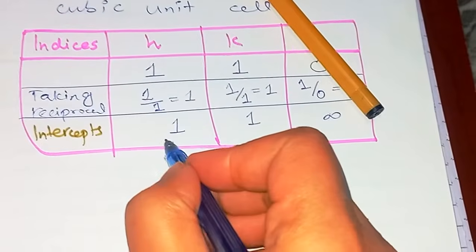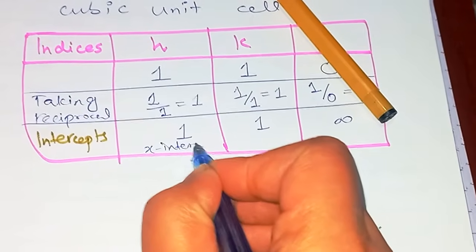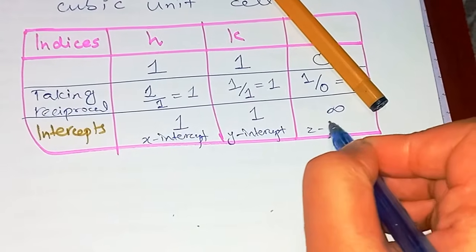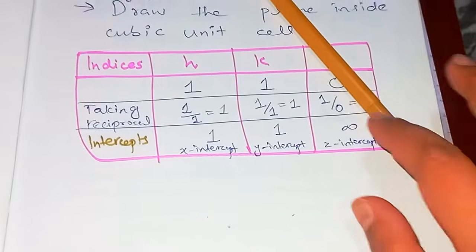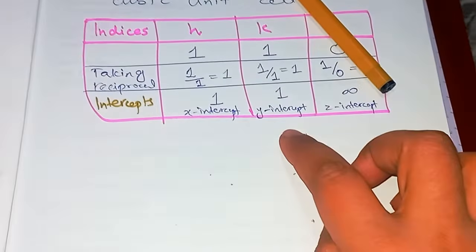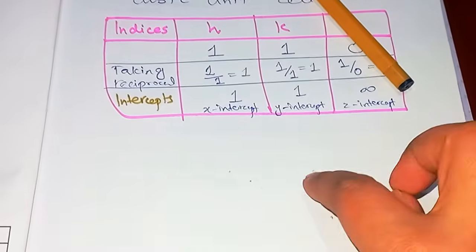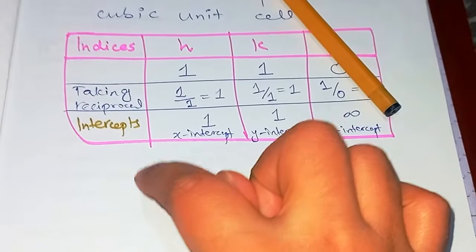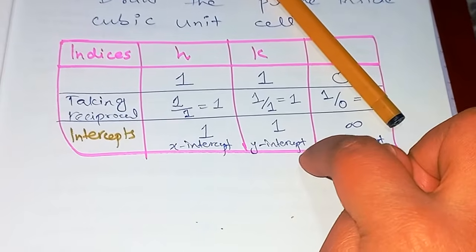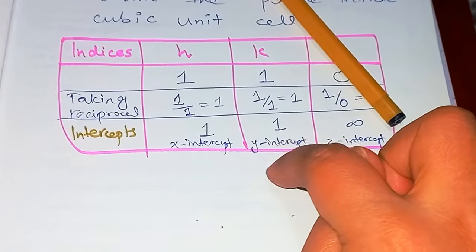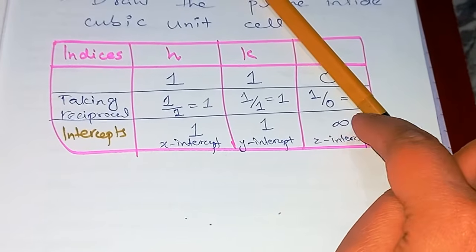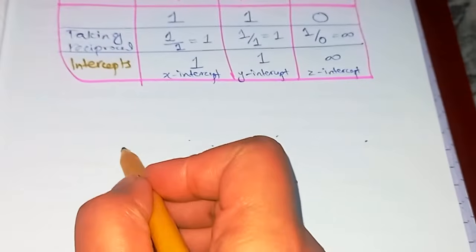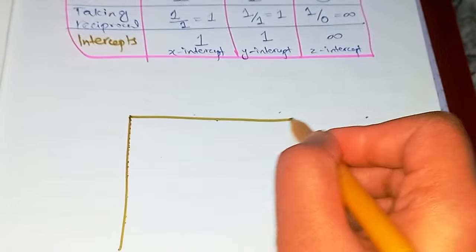The first is the x-intercept, second is the y-intercept, and the third is the z-intercept. Intercepts are actually the points where the plane touches the axis line. The x-intercept is the point where the plane cuts the x-axis, the y-intercept is where the plane cuts the y-axis, and the z-intercept is the point where the plane touches the z-axis.